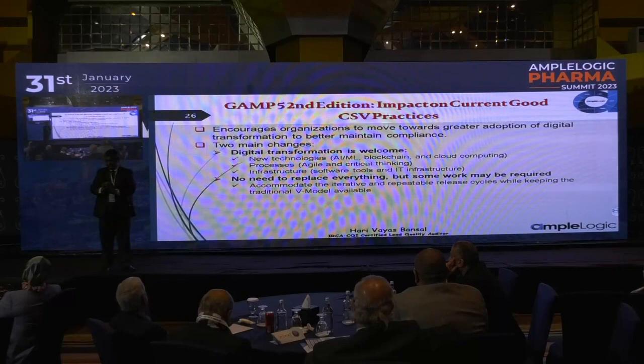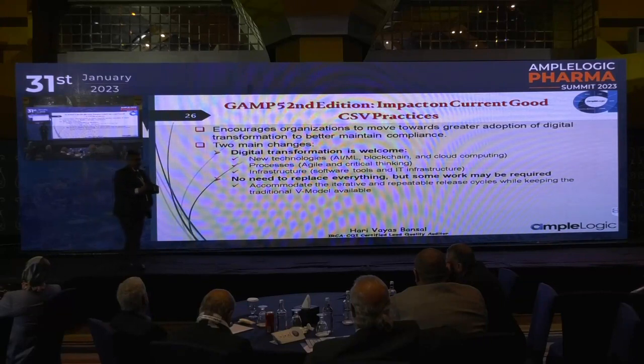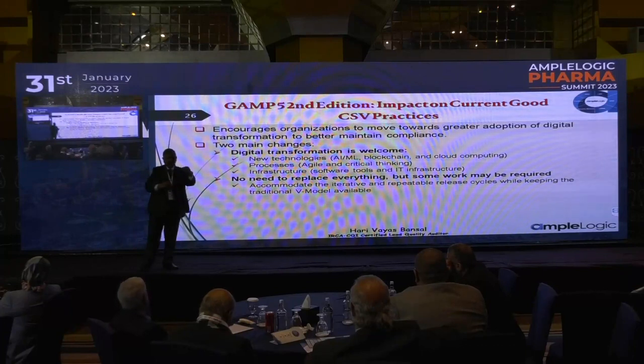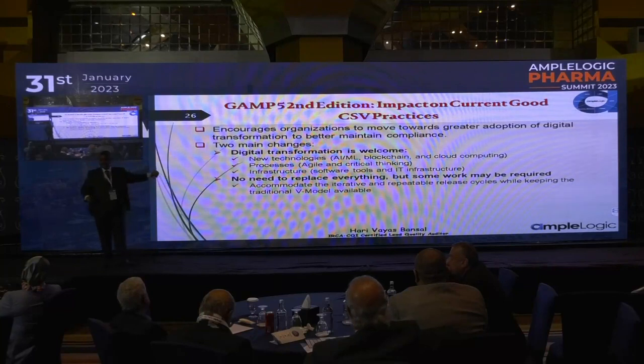Correct? You cannot convert a 5-seater car to a 7-seater car. But by that time, your children might have become adults. So you can continue with the same car, take it to the service station, get it a little modified to accommodate your present needs, and then you can run easily for the next couple of years with that. In the meantime, you can arrange the funds to buy a new car. So this is how the GAMP 5 second edition will support you.